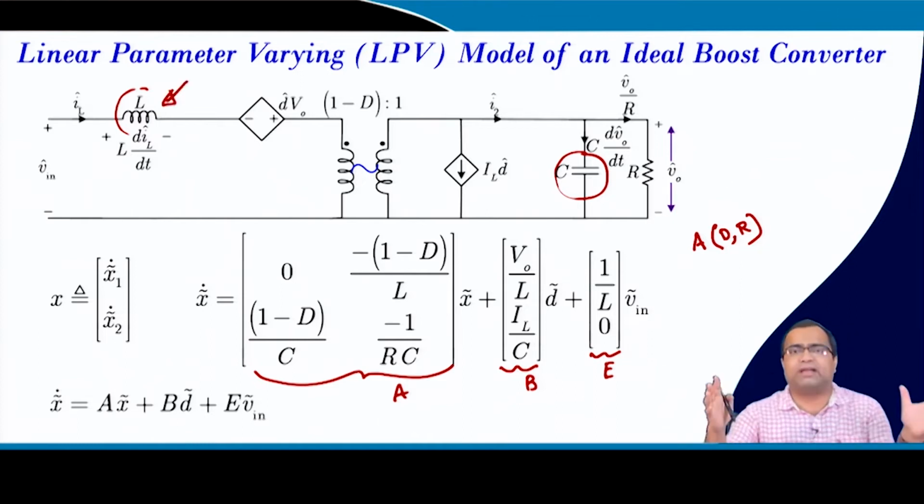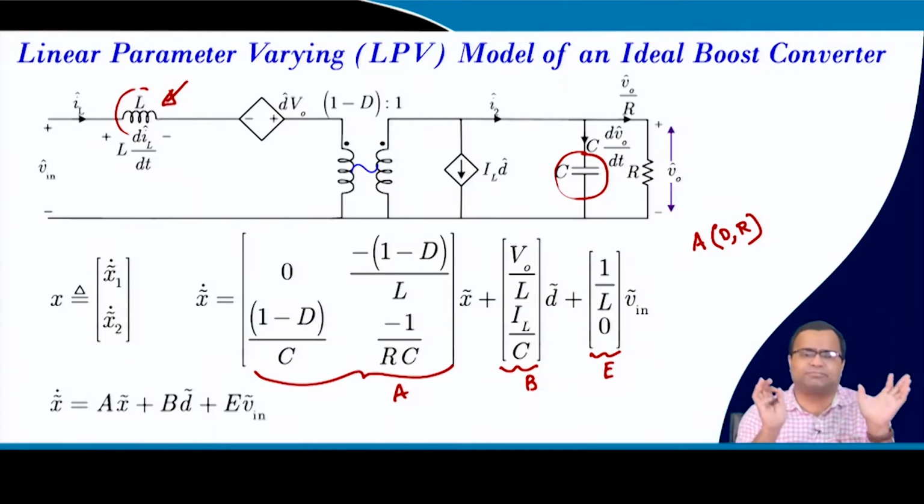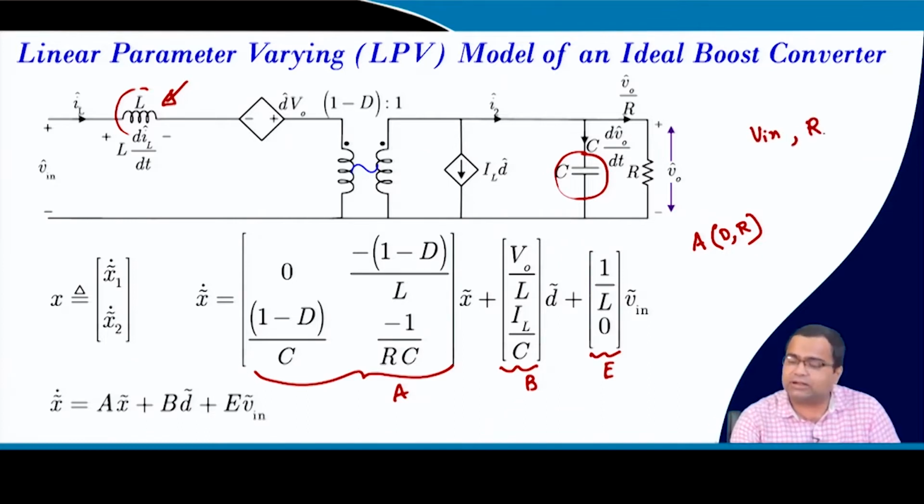So, they are not going to vary during run time, except for the small variation in inductance that I have discussed. But what is going to vary here? Suppose the input voltage can change, and the load resistance can change.